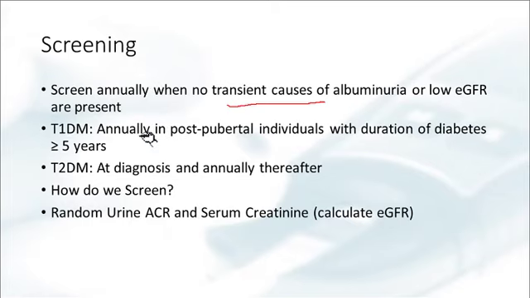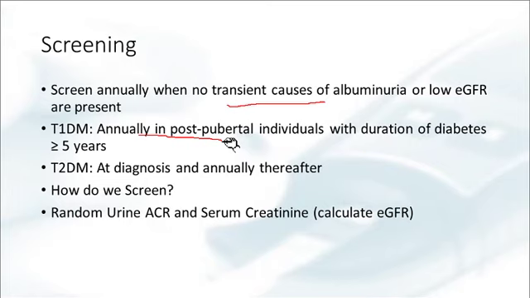In patients with type 1 diabetes, annually from the post-pubertal age, annually in people who are post-pubescence, you should screen for diabetic kidney disease, and any individual with a duration of type 1 diabetes that is longer than or equal to 5 years should be screened annually.